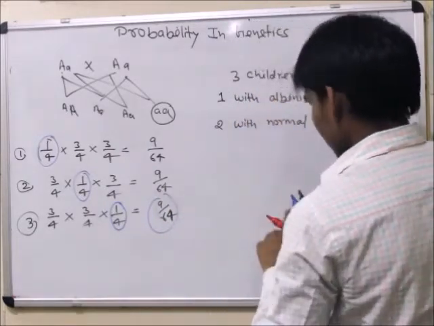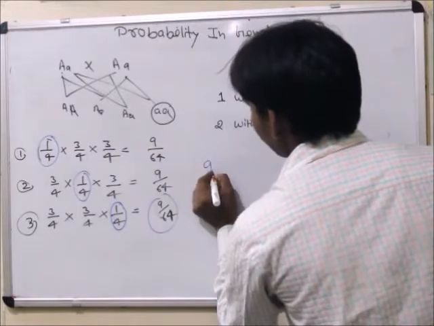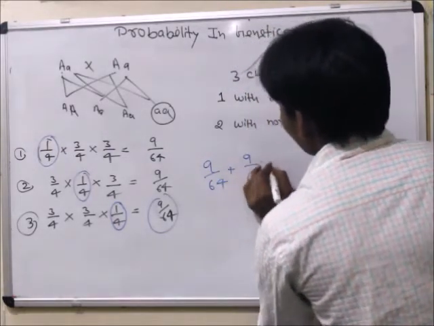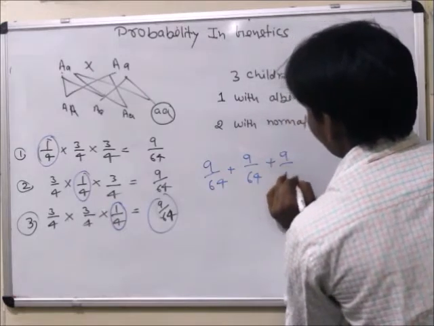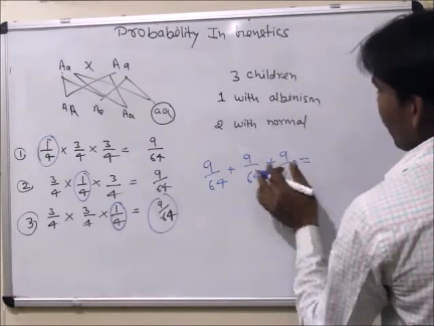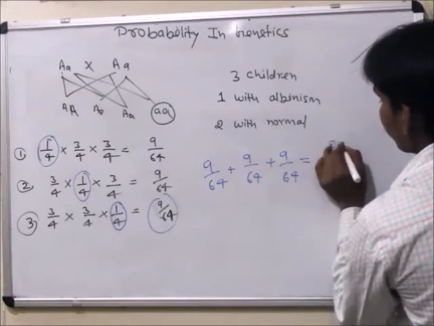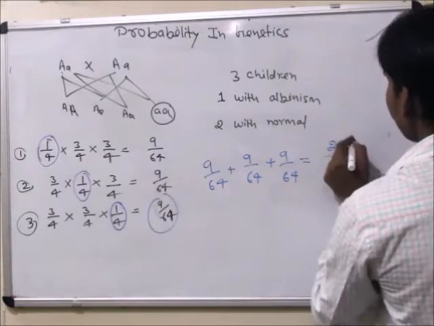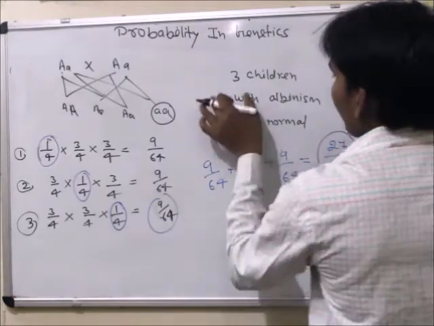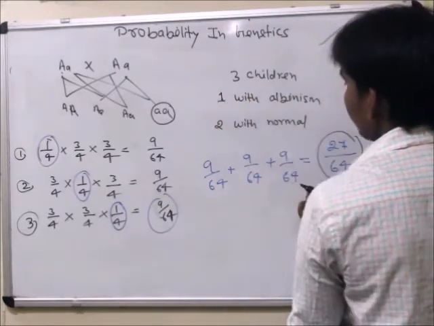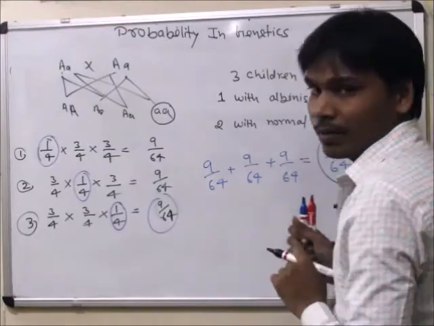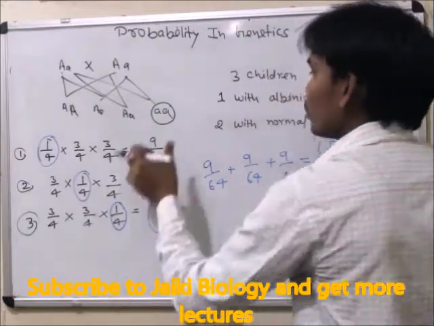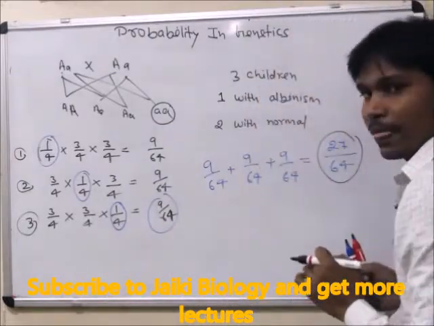We use the results of the multiplication: 9 by 64 plus 9 by 64 plus 9 by 64 equals 27 by 64. That would be the probability of finding 1 child with albinism and 2 with normal in these sequences. Okay, this was the solution of that question.